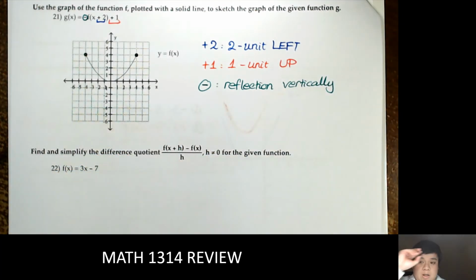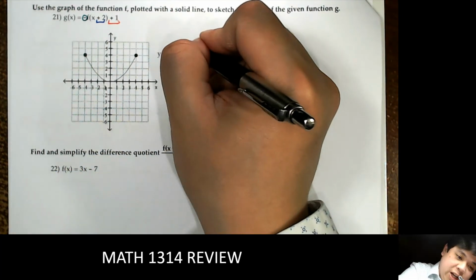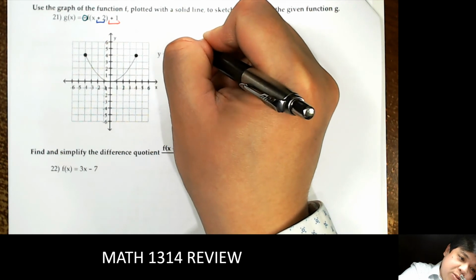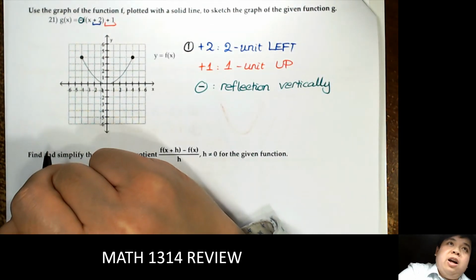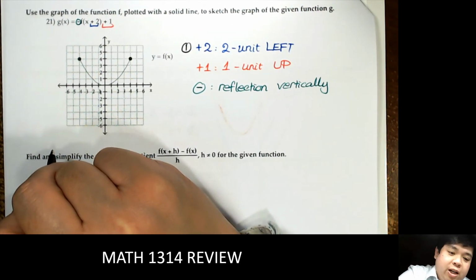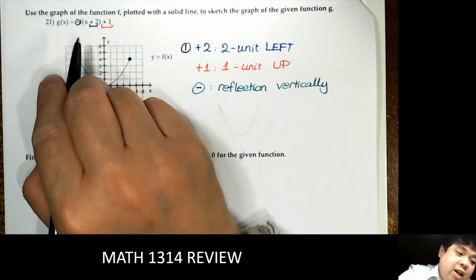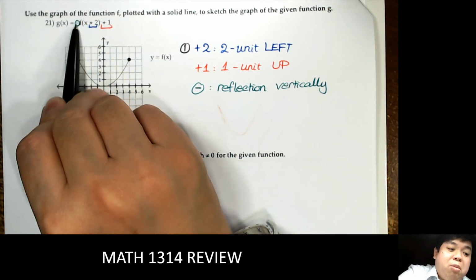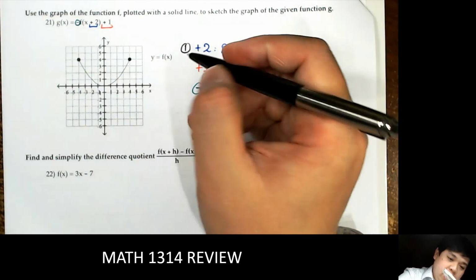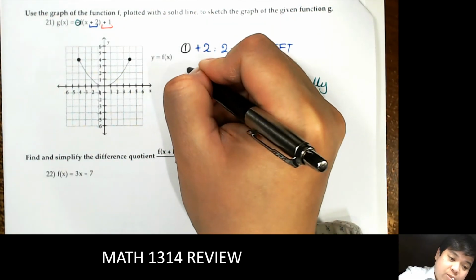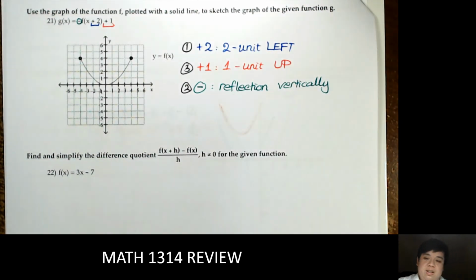Right. So order of operations, once again, inside and out. So +2, 2 units to the left first, and then multiply by negative, then +1. Always multiply first, then add or subtract.